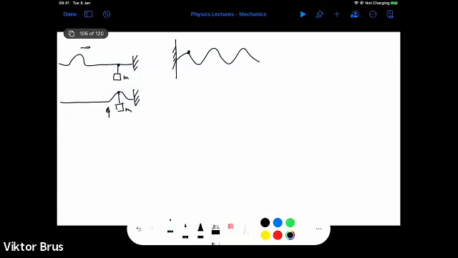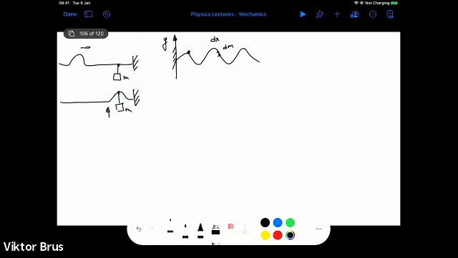Along this discussion, we will consider a small element of this string with length dx and mass dm. If we consider the motion of this small element along the axis y, it will move up and down.